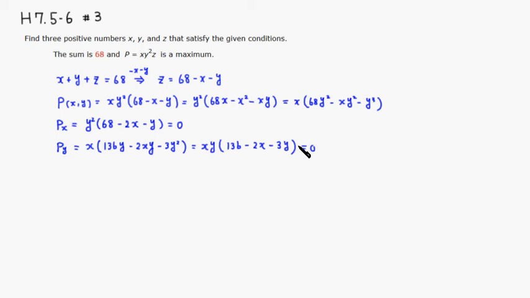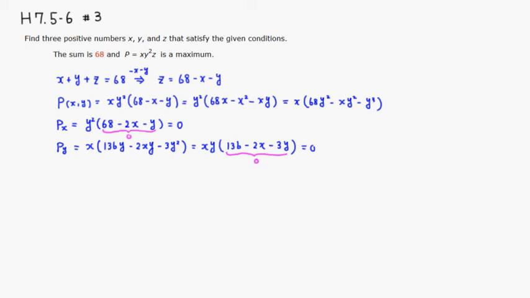So let's solve for that. Since x, y, and z are positive, y squared is never 0, and x times y is never 0. So we have to make sure that this factor right here must be 0, and here, this factor must be 0.